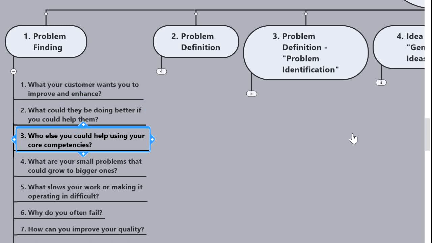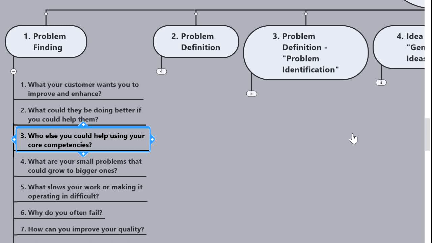Third question: who else could you help using your core competences? Of course, every organization usually targets certain customers in the market. But from time to time, when you are transitioning between your business cycles or steps in performance, you should consider what other segments and markets are possible and probable for you, where you can present your services better.